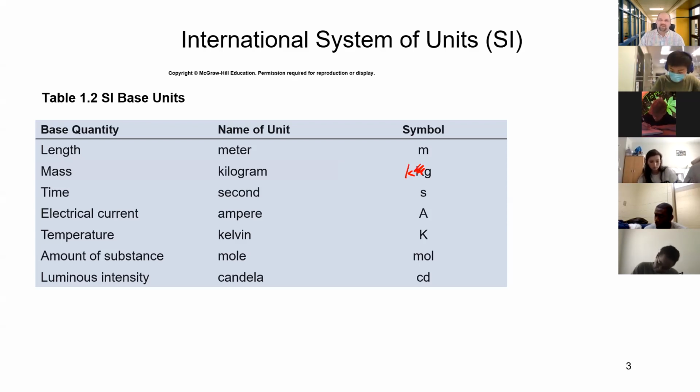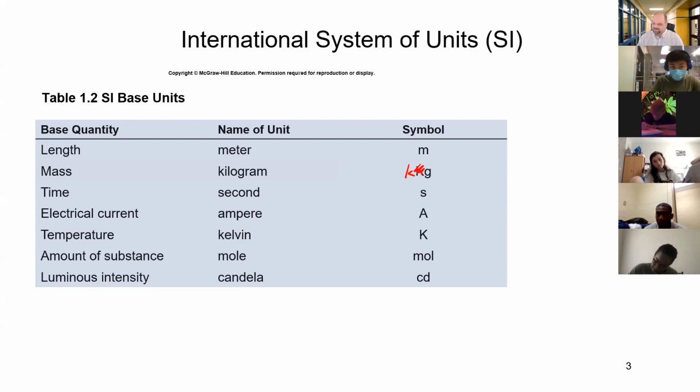It was the only base unit still connected to a physical object. Just last year, they separated it from a physical object, and now they use the definition of a mole to talk about the number of atoms of a certain element. I can't remember off the top of my head which element, but a certain number of atoms of an element is equal to 1 kilogram.